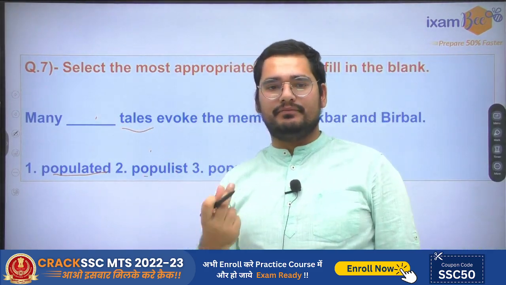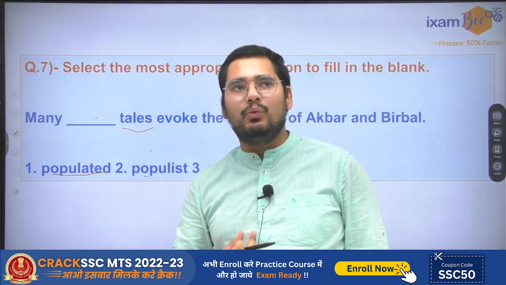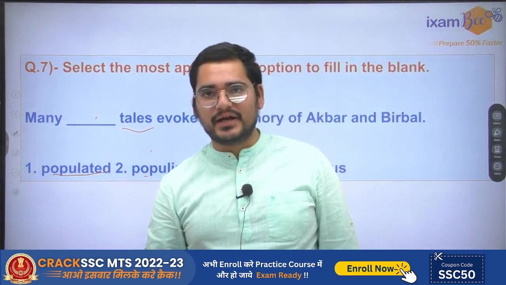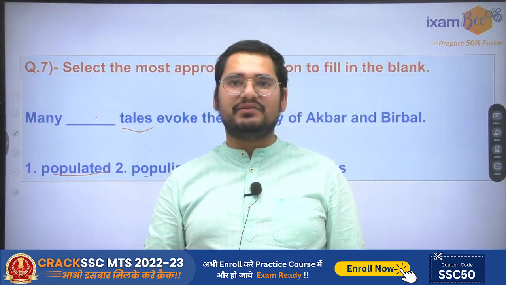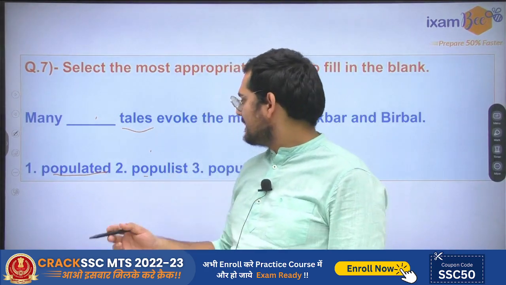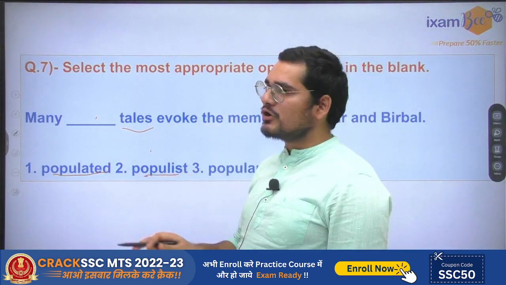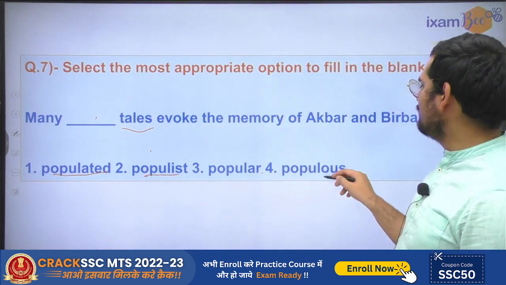Populists are like people, or politicians, who appeal to people, showing their solidarity to people, that we are with you, right? So democrat can be a synonym to populist. Popular and then populist.